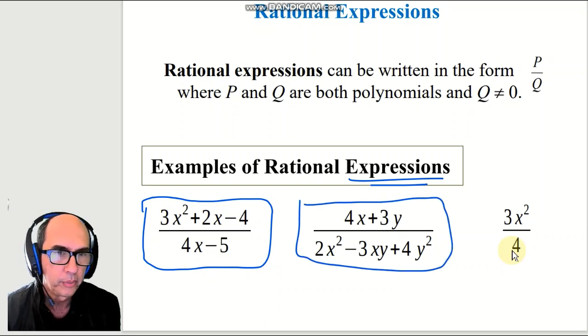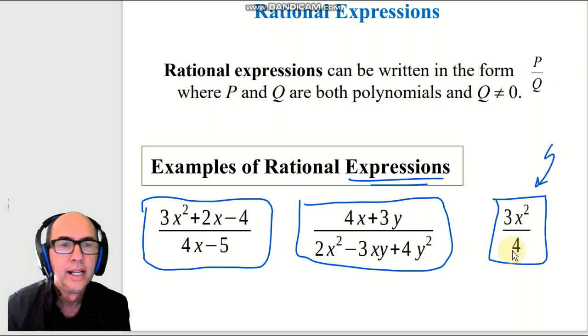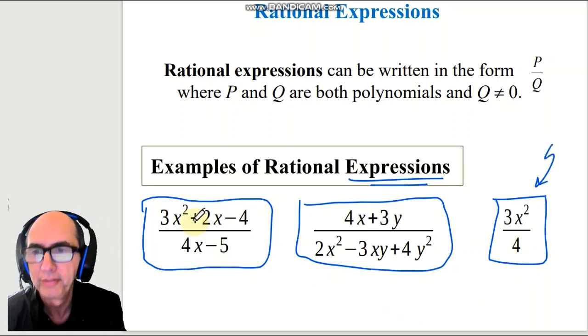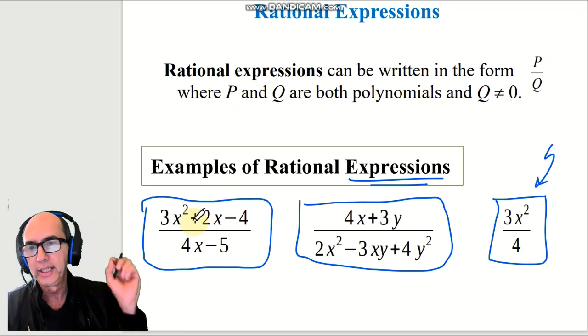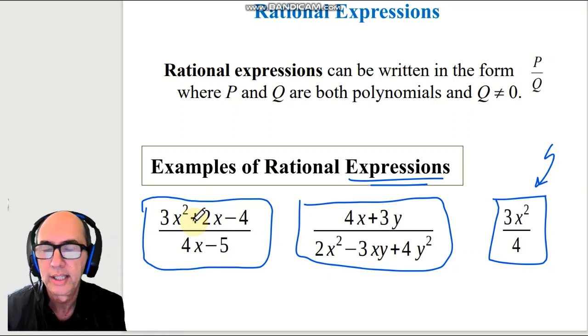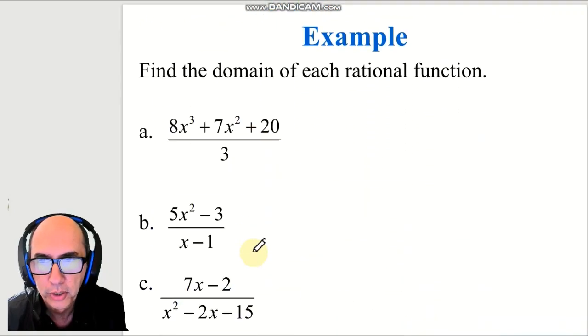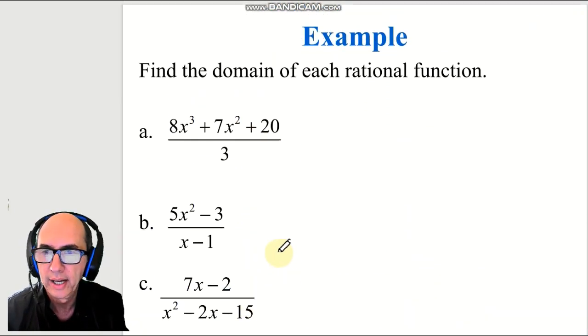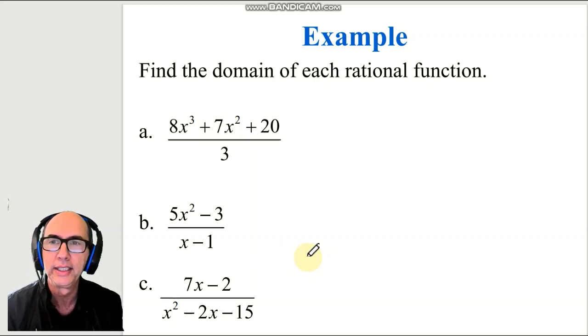And I'm pretty sure you are excited, right? Because you love fractions. Now it's much nicer because you have variables and numbers on the numerator, variables and numbers on the denominator. Don't worry, don't be afraid. I know it's not the favorite topic of many students.